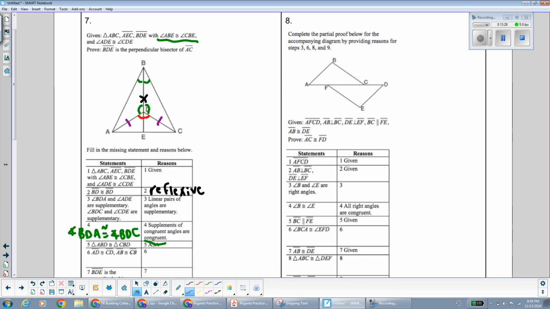And notice how AB and CB match up on the two triangles as well. They correspond. So this is CPCTC because we've already proven the triangles congruent. And now we want to say that the corresponding sides of them are also congruent because the whole triangles are congruent.